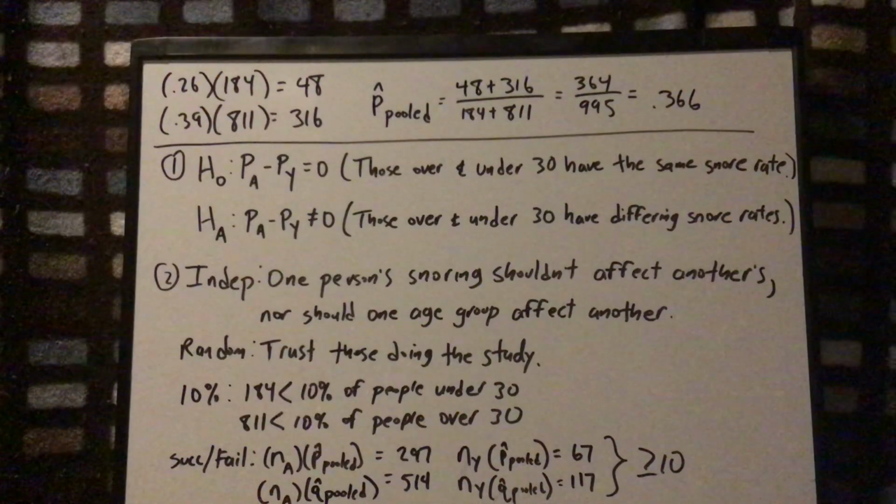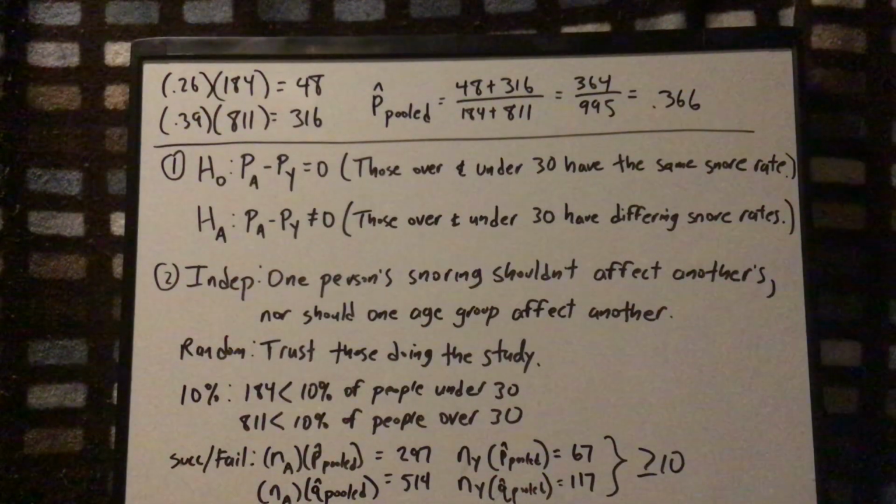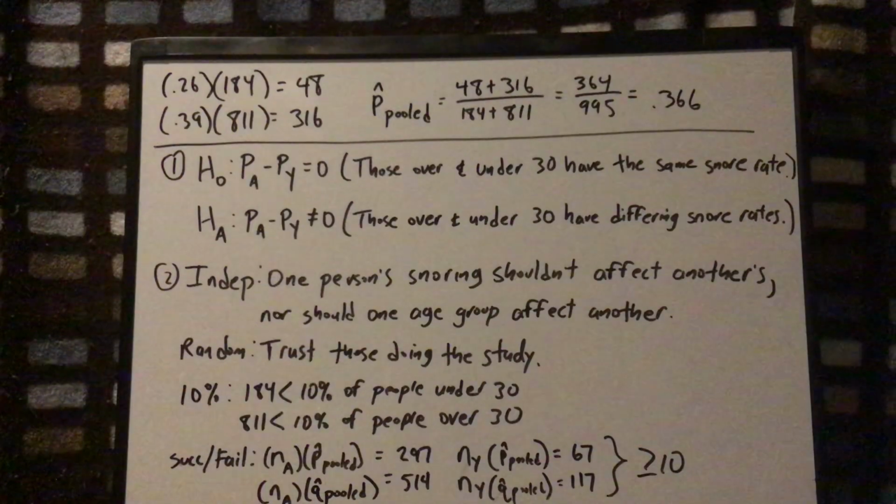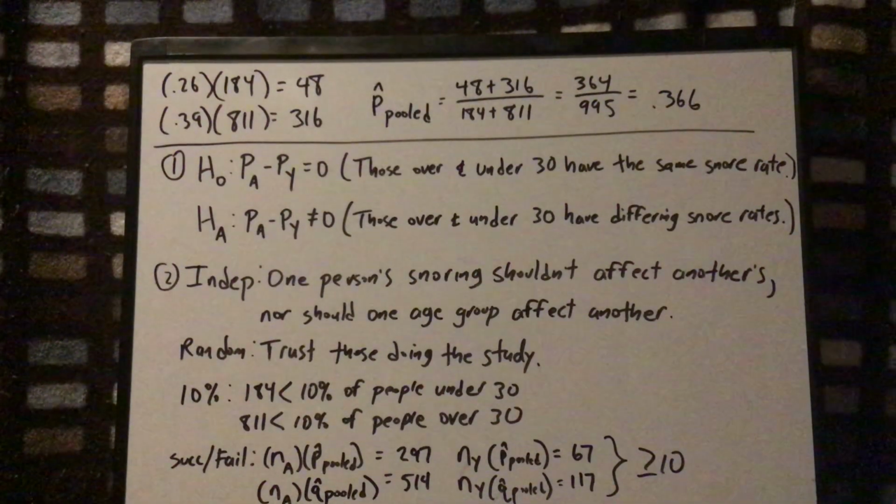I'll just say this is a typical study maybe of the nation or maybe even in New York State. Basically, 184 people under 30 isn't going to be more than 10% of any significant population. And 811 people over 30 isn't more than 10% of any population. So especially if we were doing a national study, these are way under 10% of the population. So we can assume that that's met.